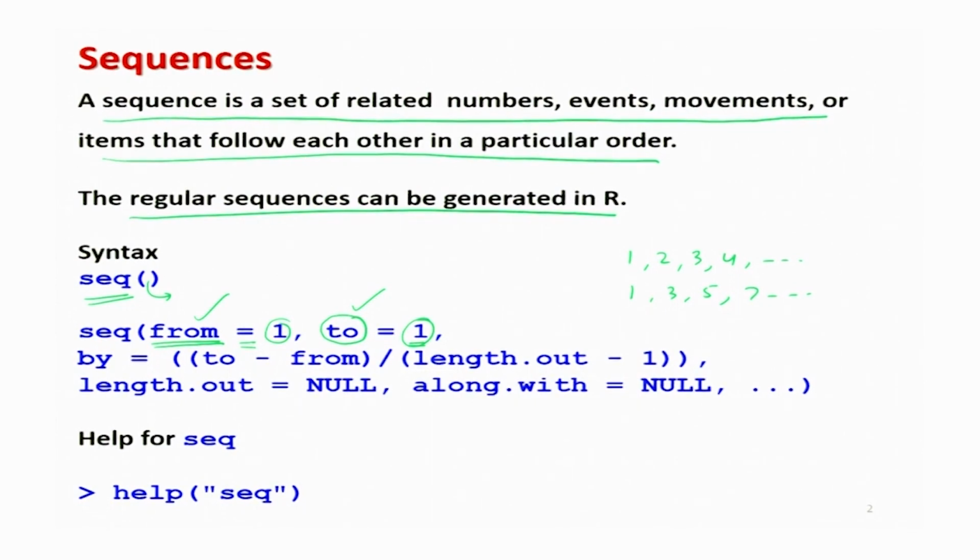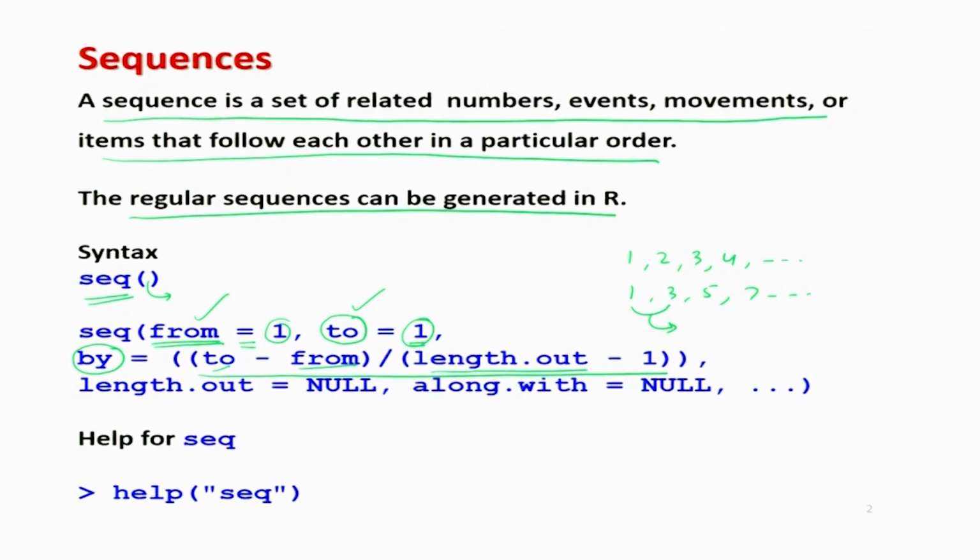So, basically you need to inform somewhere between the two numbers how the sequence should progress and by what value it should increase. In order to control this jump, we have an option by, and then we define the value by which the sequence has to progress. The usual way in which it will progress is defined by the value at to minus the value at from, divided by length.out minus 1, right.